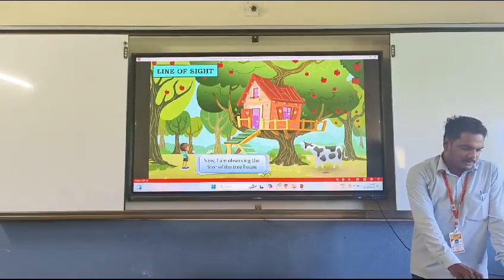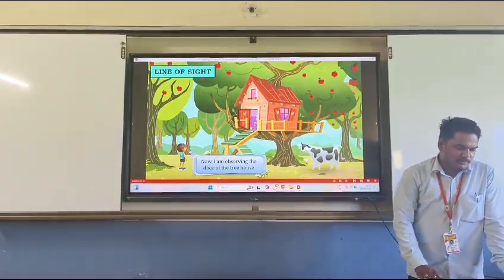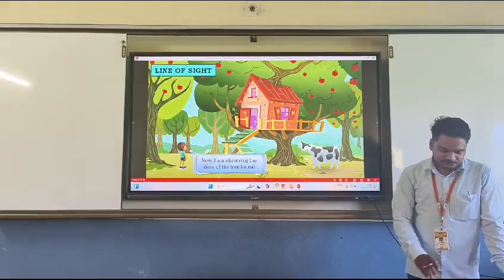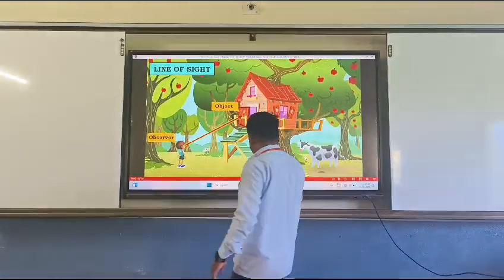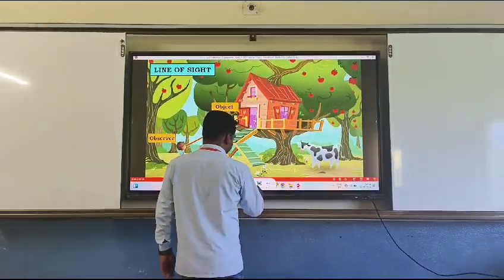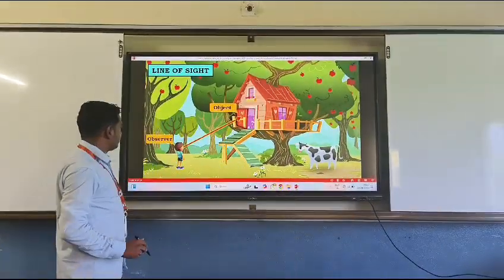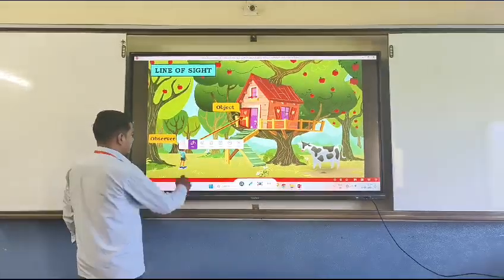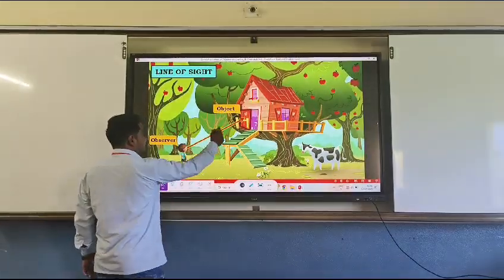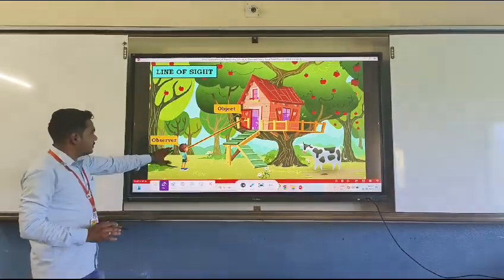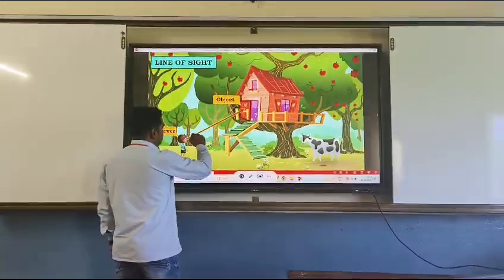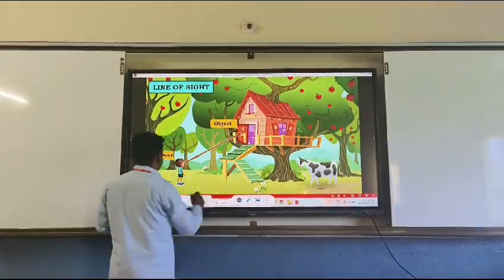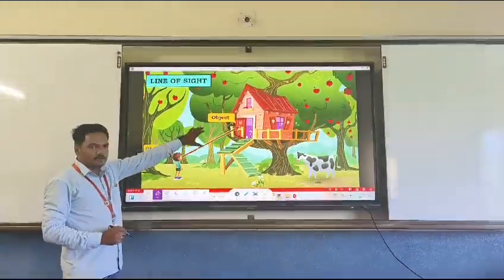Suppose the boy is now observing the door. Here, this is the object, and the observer is looking towards the object. An imaginary line can be drawn between the observer's eye and the object.